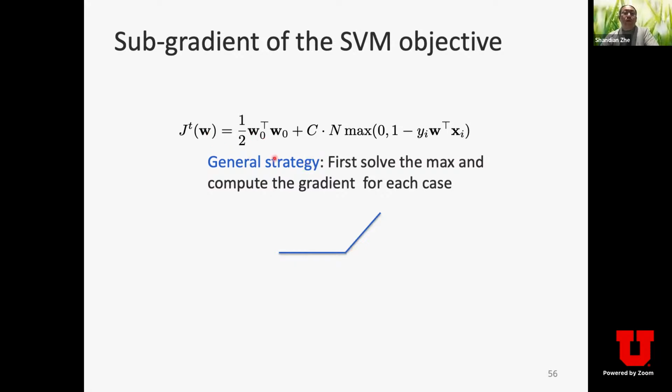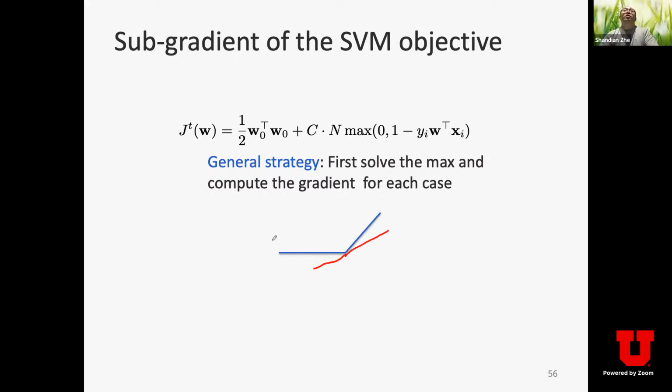So if we want to compute the subgradient, we know that at here, I can find any line which passes through this point and stays below the entire max function.